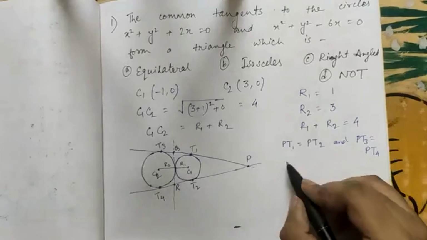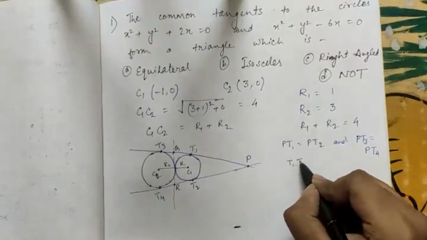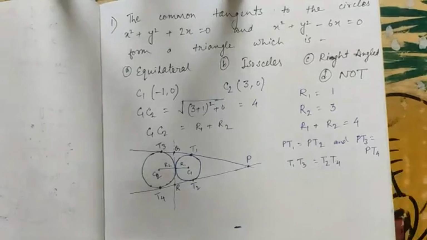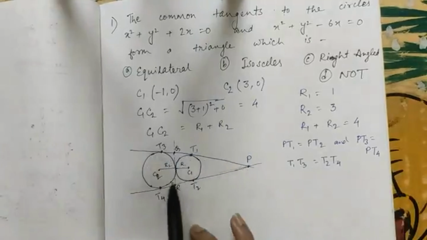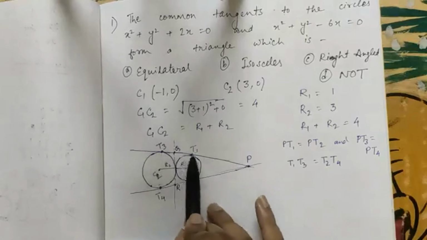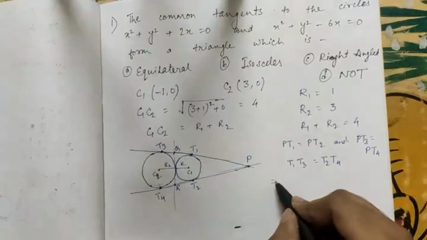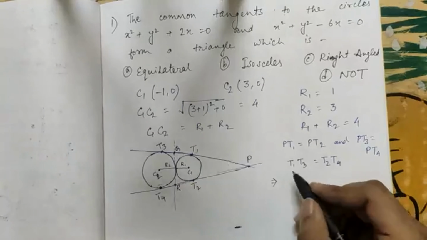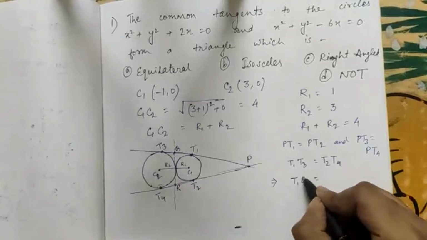So from here we can write that T1T3 is equal to T2T4. Can we write this? Of course we can. If these two lengths are the same and these two lengths are the same, then these two lengths are the same. So from this we can also write that T1Q is equal to T2R.